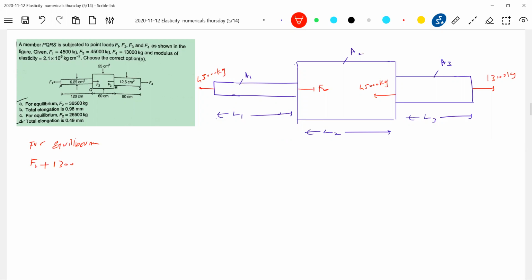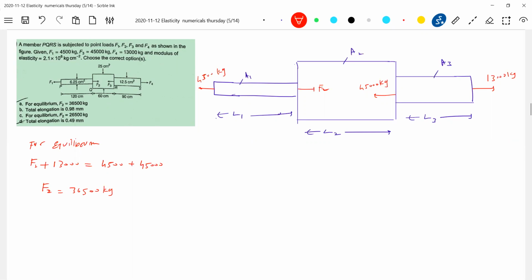F2 plus 13,000 should be equal to 4,500 plus 45,000. Anybody, value of F2? 36,500 kg. For equilibrium, net force should be 0. So in that way, I'm calculating. Okay, after getting this one.